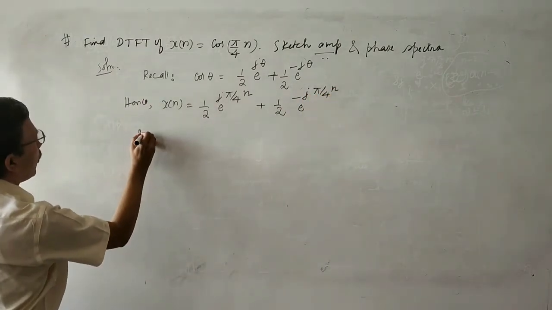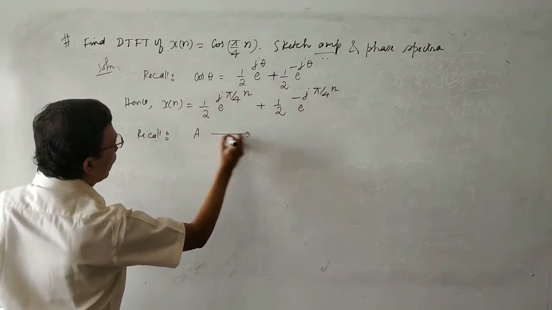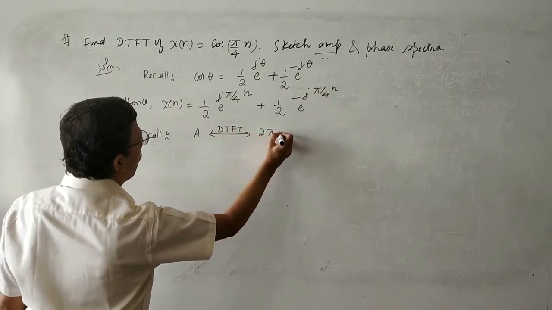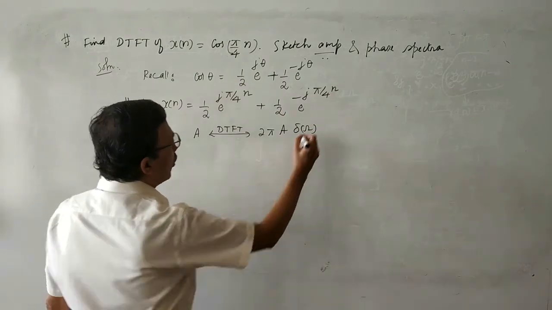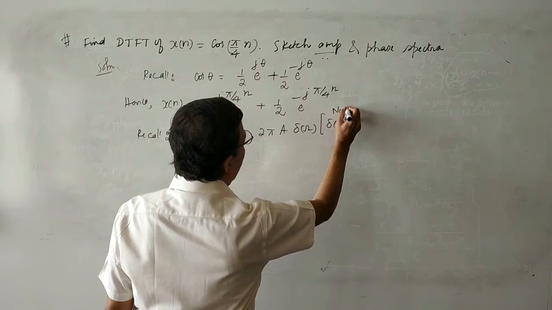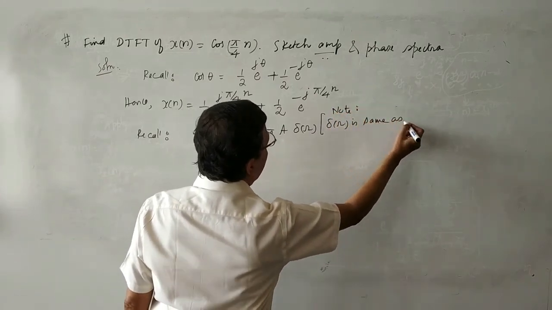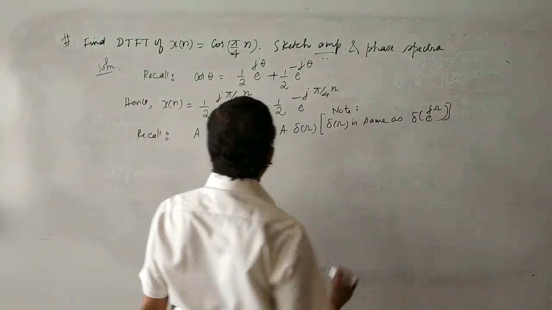Recall from the previous problem we have got this result. A constant A has a discrete time Fourier transform 2 pi times A into delta of omega. Note delta of omega is the same as delta of e power j omega. Here what is A?